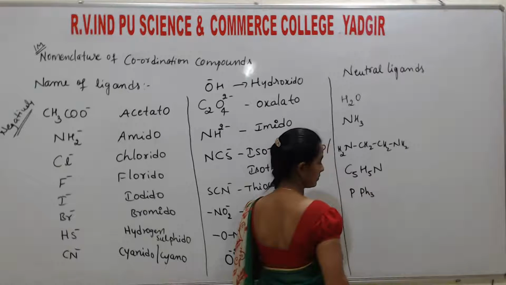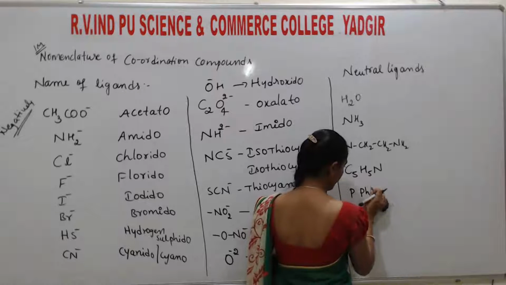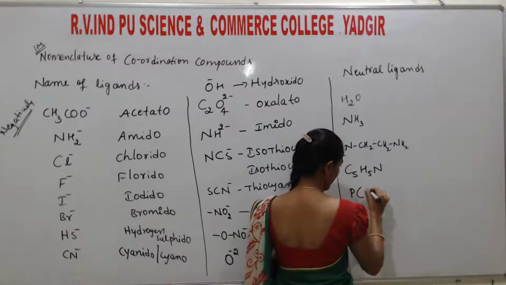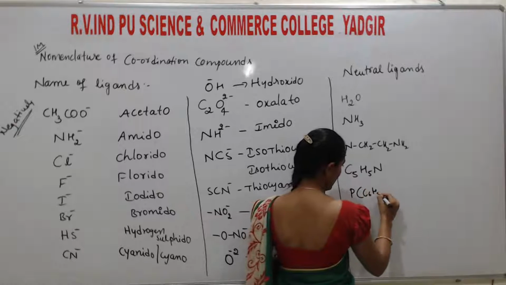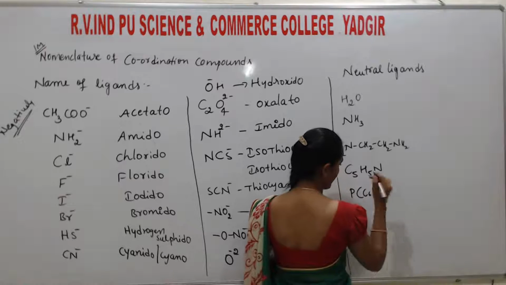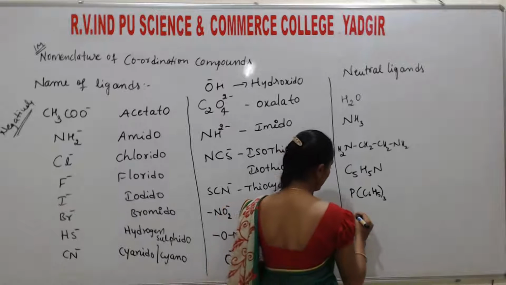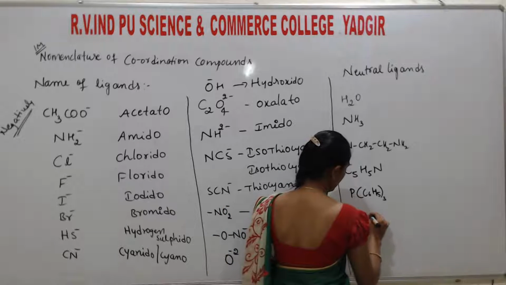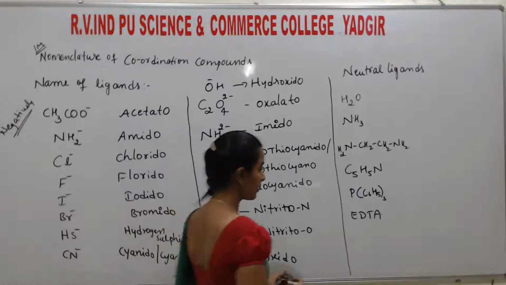PH3 is there, meaning P(C6H5)3. And EDTA is there, ethylene diamine tetraacetate.